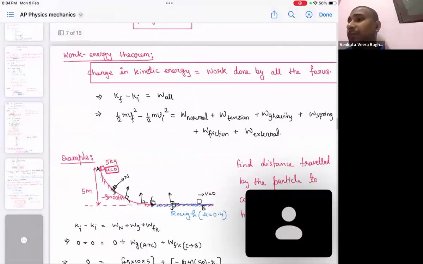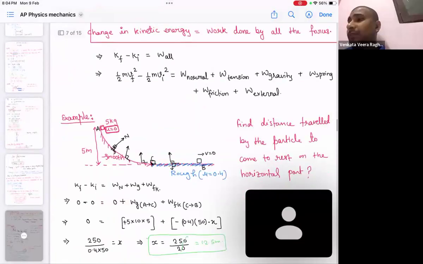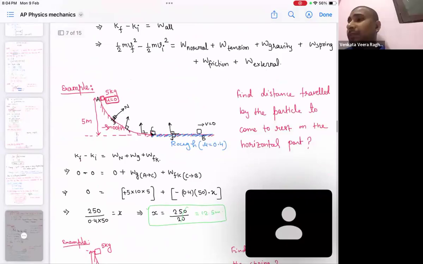But energy conservation is a special case of the work energy theorem. We discussed this in the last class.